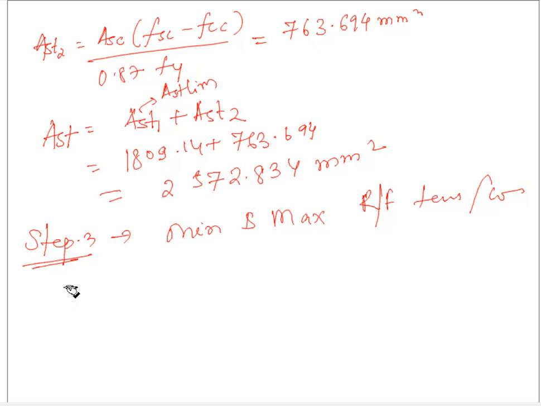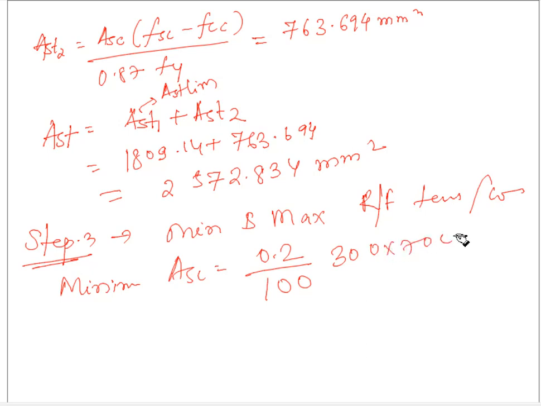So minimum ASC is equal to 0.2 percent of B into D, which is the minimum value.